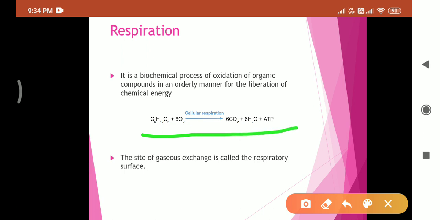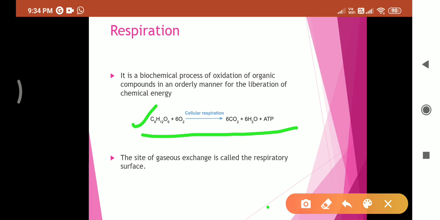Now the definition of respiration: it is a biochemical process of oxidation of organic compounds, right? What is the organic compound? It is glucose, with the formula C6H12O6, right?